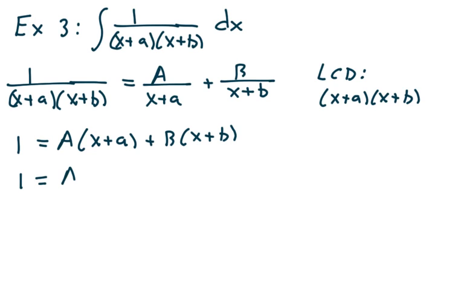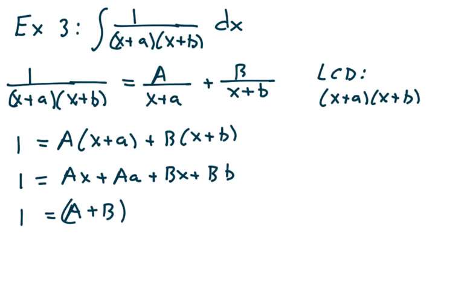So 1 is Ax plus A times lowercase a plus Bx plus B times lowercase b, like so. Combine the terms that contain the x, and so we get A plus B times x plus A times lowercase a plus B times lowercase b.